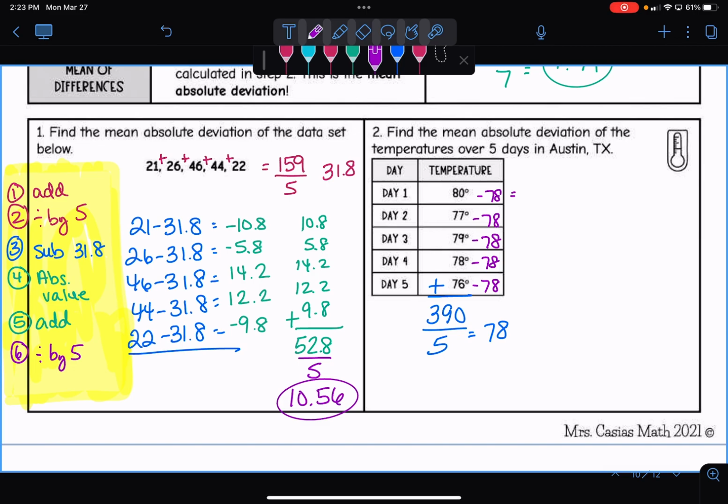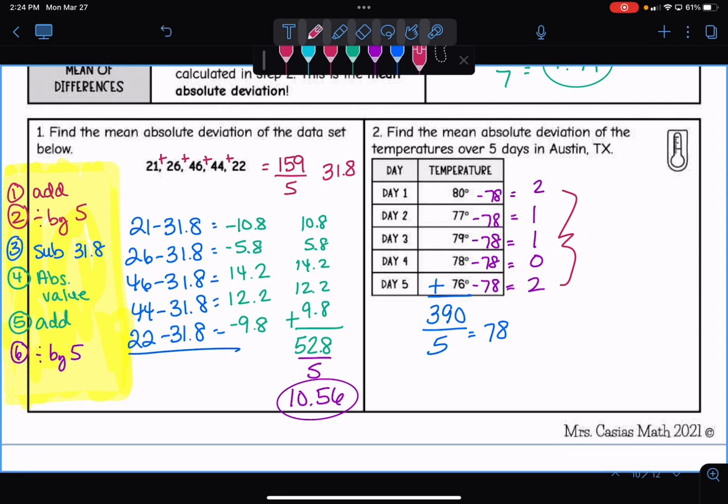80 minus 78. 77 minus 78. It's negative 1. 79 minus 78. 78 minus 78. And 76 minus 78. And then what do you want to do? Add those up. You don't need a calculator. What is that?